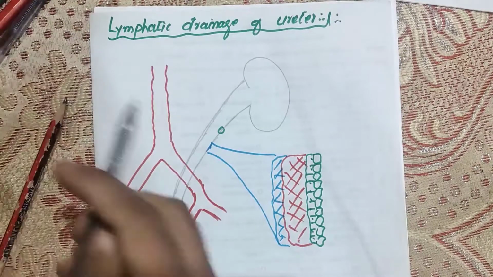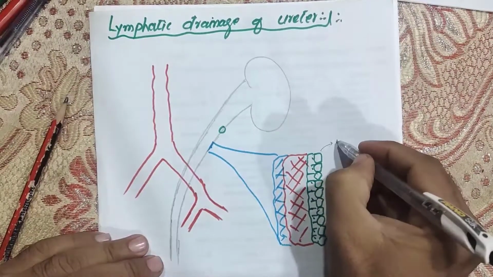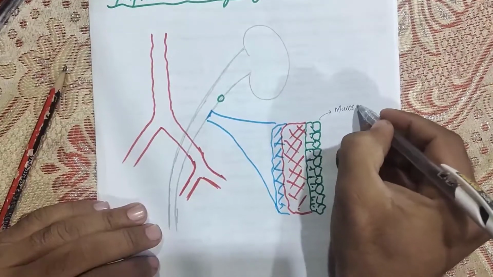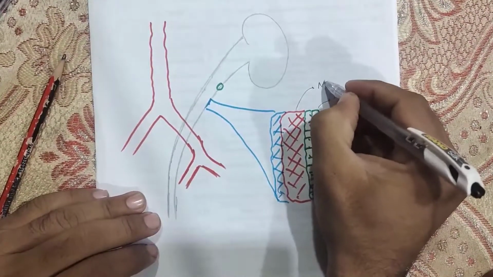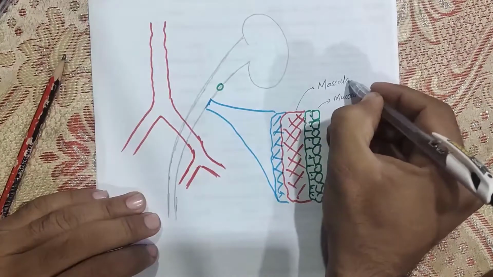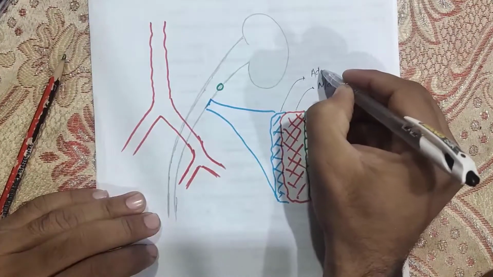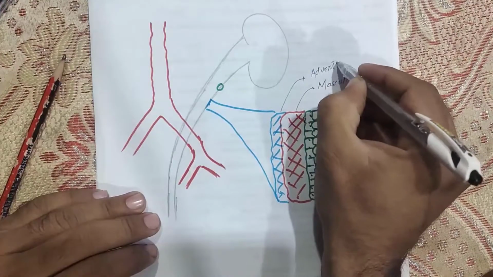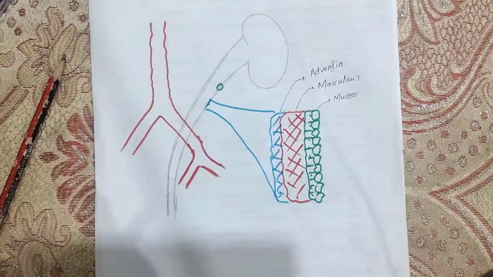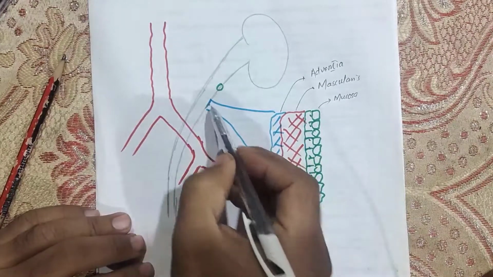How many layers? There are three layers: the epithelia, or we say the mucosa, then the muscularis, and this is the adventitia, the outer connective tissue protective layer. So these are the three layers, the walls of the tube.